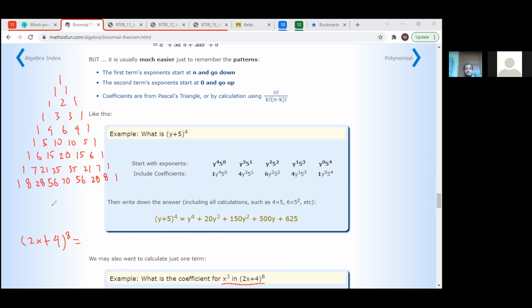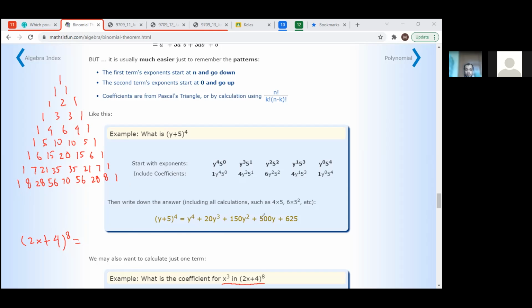So we will use this row. If we were to expand this, we'll have 1, 2, 3, 4, 5, 6, 7, 8, 9 terms, and it's quite a lot.